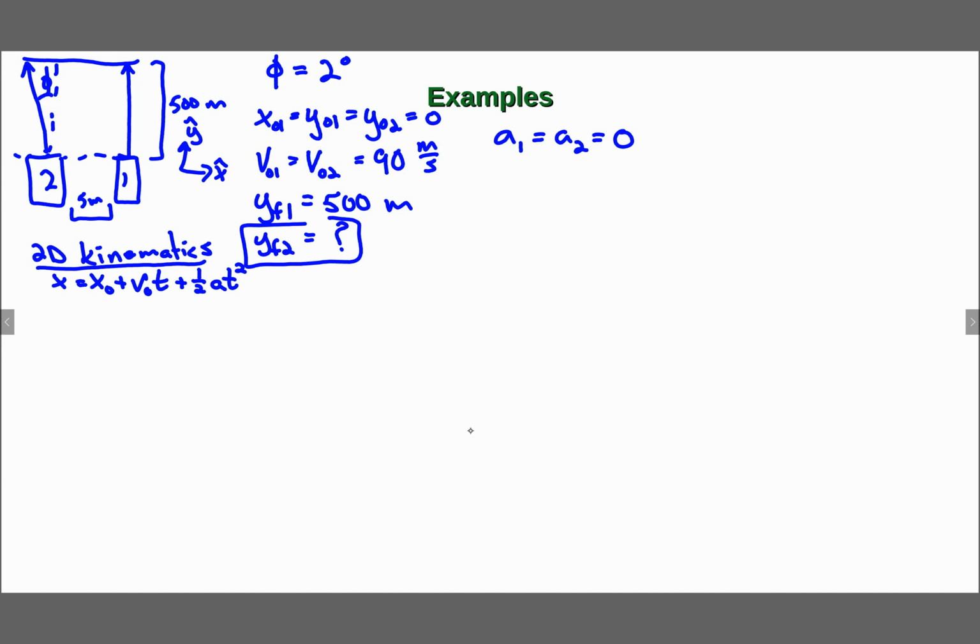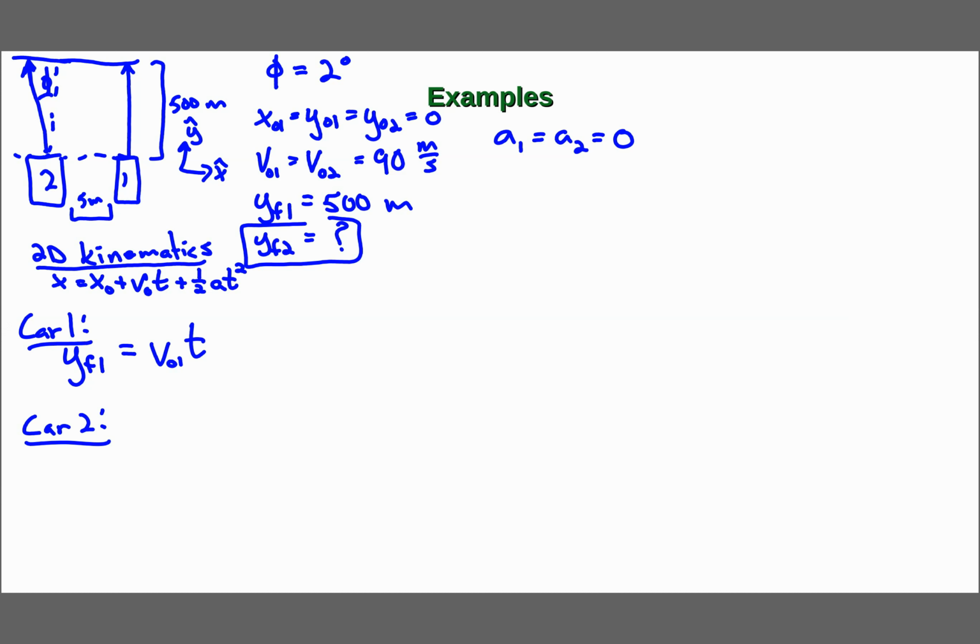In the y direction, y final 1 equals v0 1 times t. That one was nice and easy. He's just going to drive perfectly in the Y direction and cross the finish line. So now let's look at car 2.